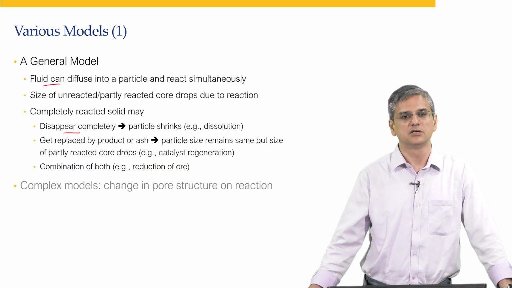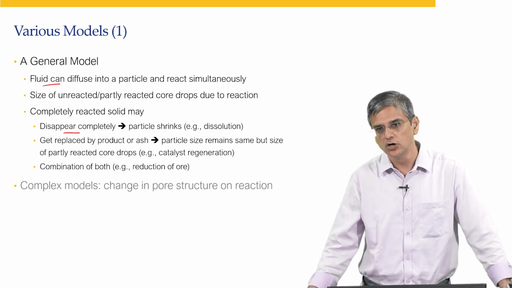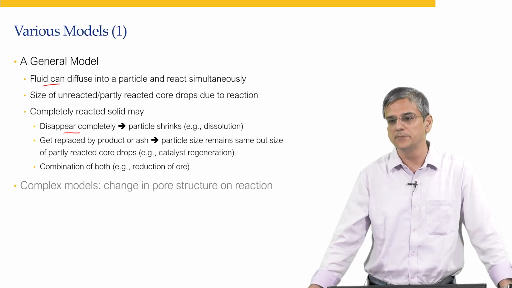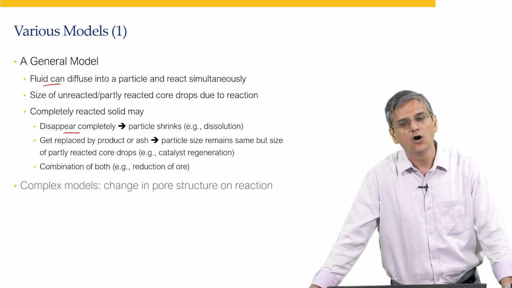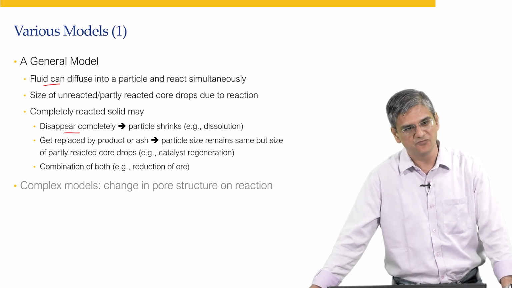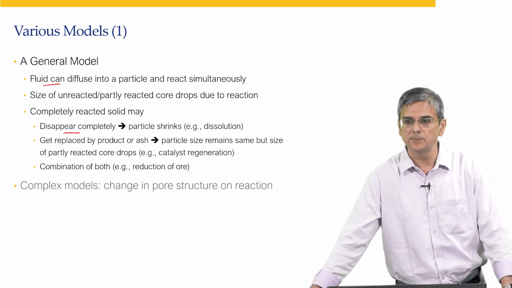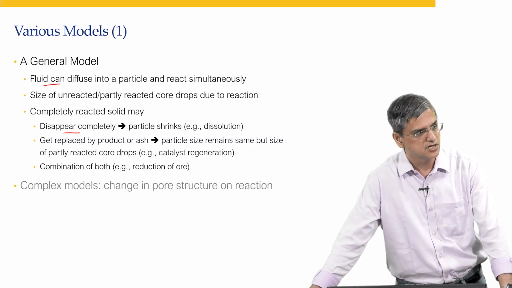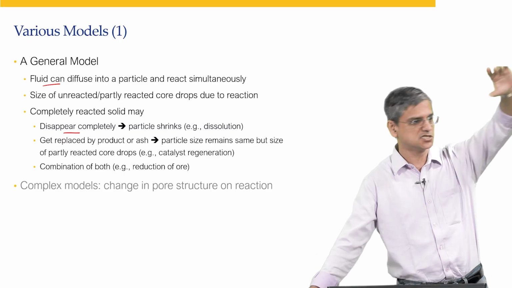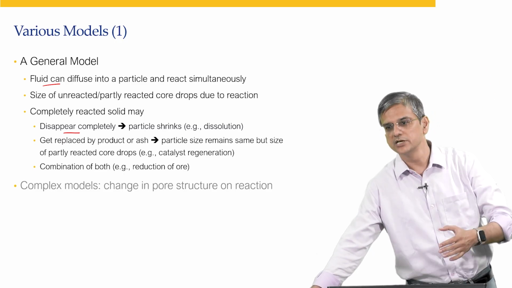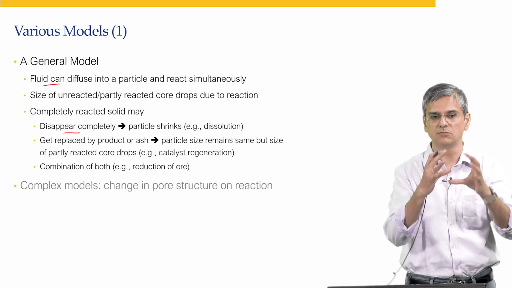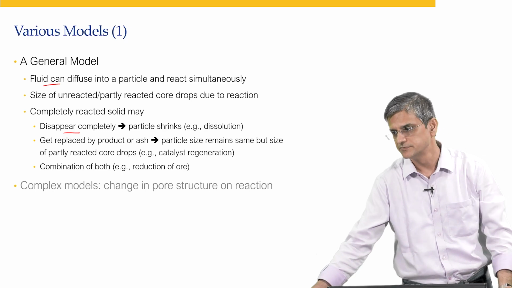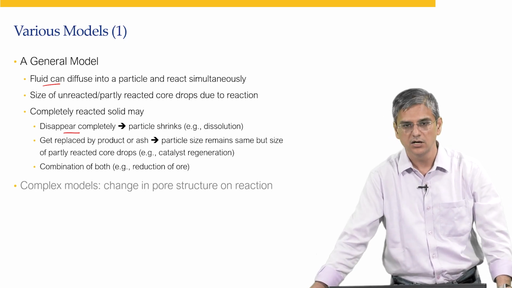That means B is being replaced by Q, or out of B and Q only B is getting reacted. Or it could be a combination of both, in the sense that there is B plus Q both being present, but B is present to a much more significant extent. As a result, the Q does not stay in shape like earlier, but the Q also shrinks. Okay, all of these are possible.